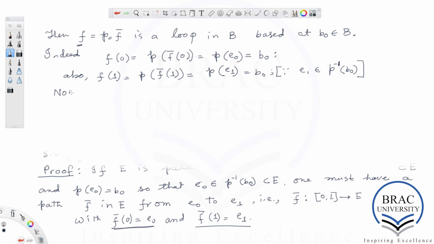Now, which means that the class of F is in the fundamental group of B with reference to the distinguished point B0, with F bar of 1 being equal to E1. Okay.